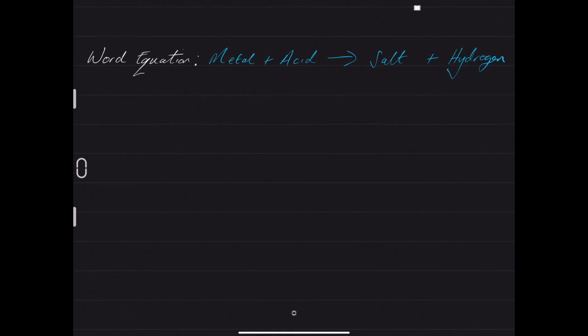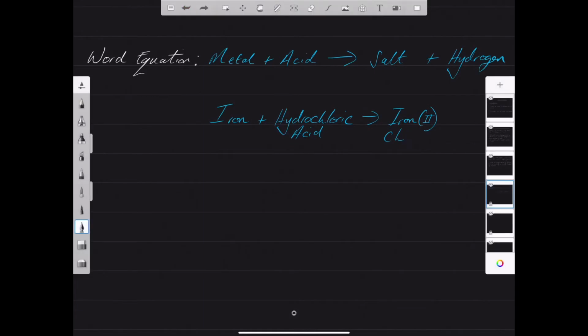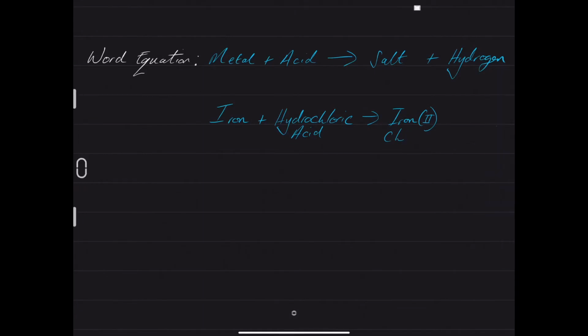So let's say we have iron plus hydrochloric acid gives us iron(II) chloride plus hydrogen.